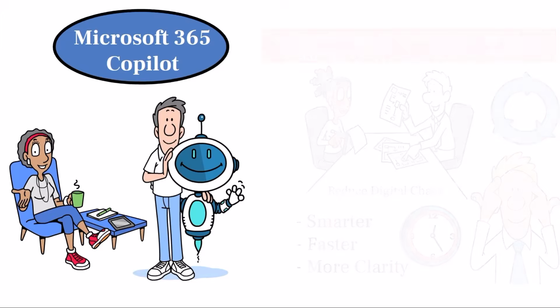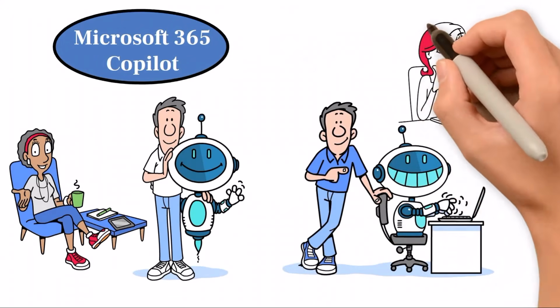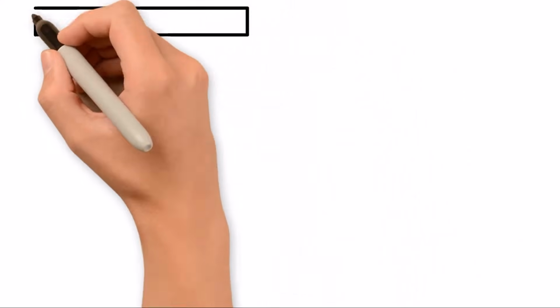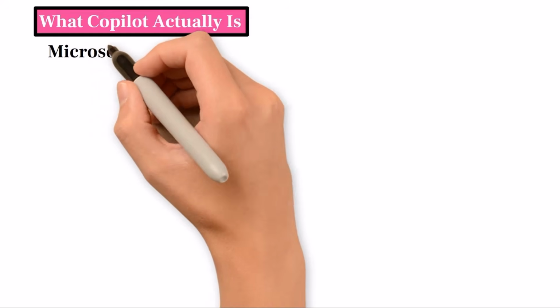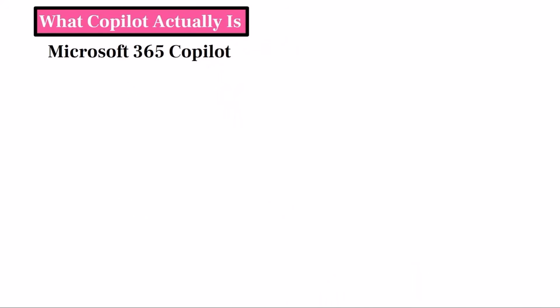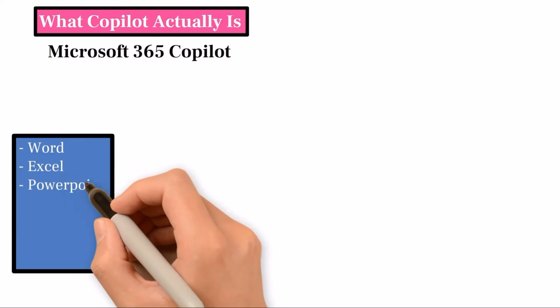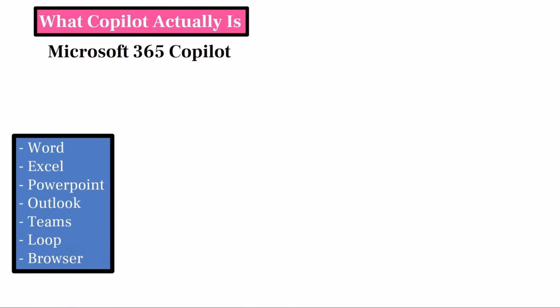Think of this as your guided tour of the AI assistant that's already built into the tools you use every day. Let's start with the basics: what Copilot actually is. Microsoft 365 Copilot is an AI assistant that lives inside Word, Excel, PowerPoint, Outlook, Teams, Loop, and even your browser through Microsoft Edge.